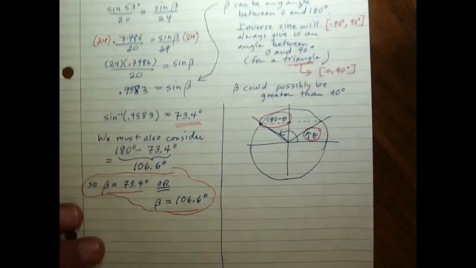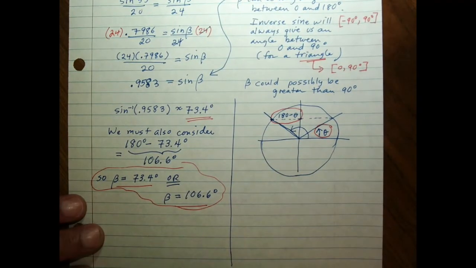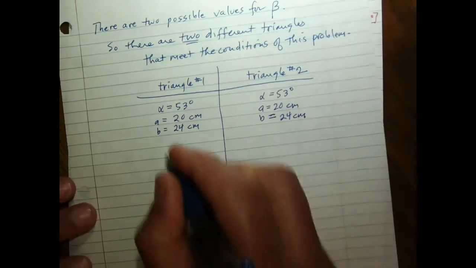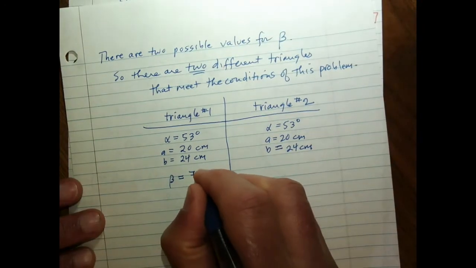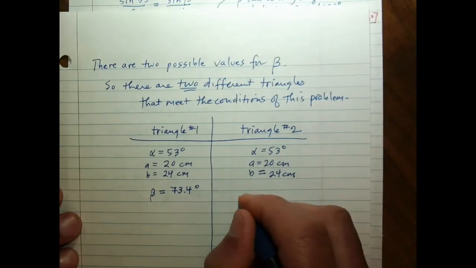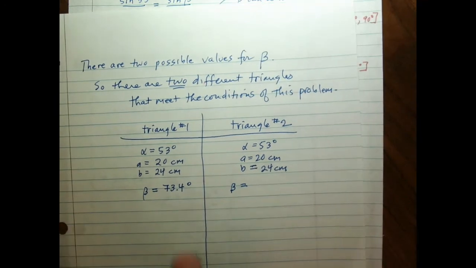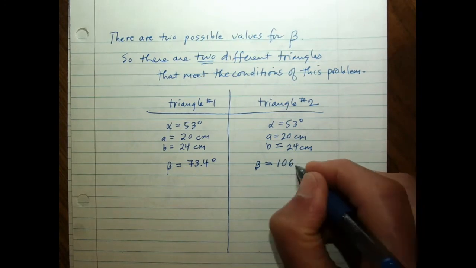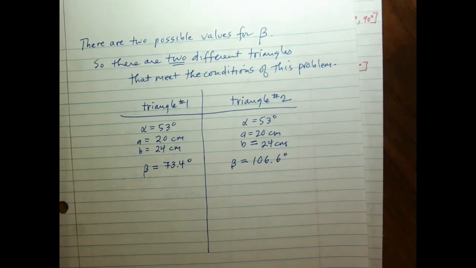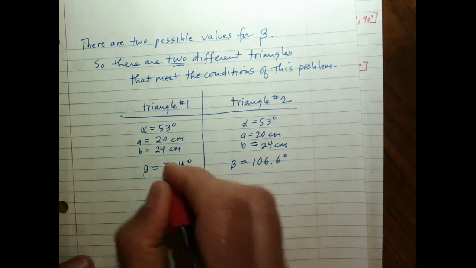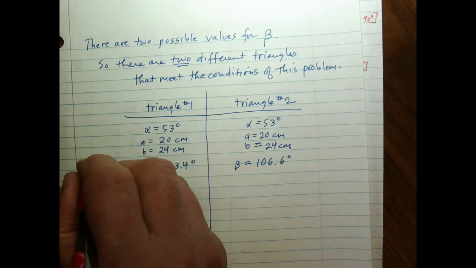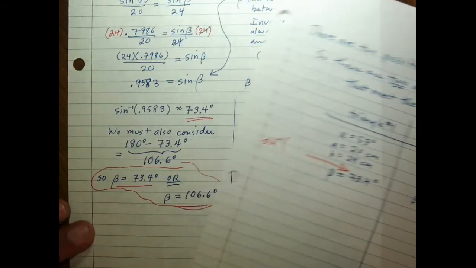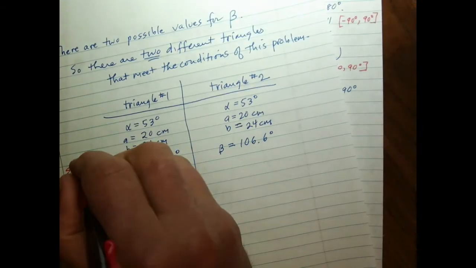But what we just figured out here is that there are two possible values for beta. Beta could be 73.4 degrees, or beta could be 180 minus 73.4, which is 106.6. So I just want to mention again where these came from: 73.4 was the inverse sine of 0.9583.